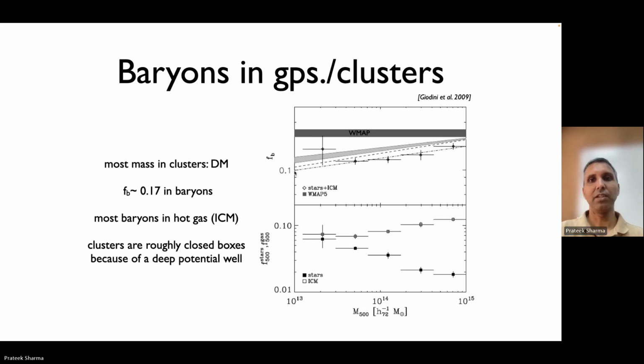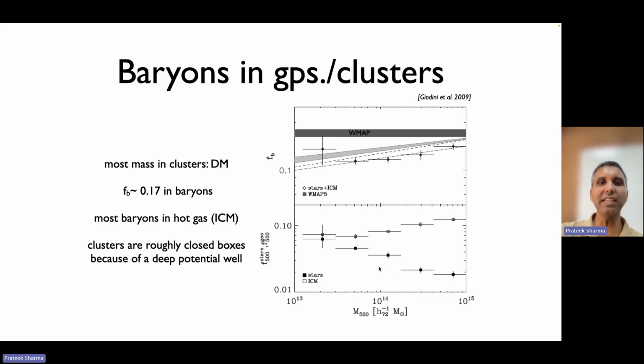Okay. So if you add up all the stars and the ICM in a galaxy cluster and group, so galaxy clusters are 10 to the 14 to 15, lower mass halos are called groups, 10 to the 13, 14 or 12 to 13 and a half. And if you look at the accounting of all the baryons as a function of halo mass, it more or less comes close to the WMAP number.